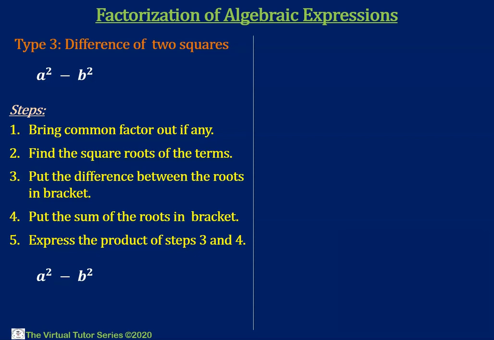The square root of a squared is a, and the square root of b squared is b. So step 3 is to put the difference between a and b in bracket. And step 4 is to put the sum of a and b in bracket and set it against a minus b.